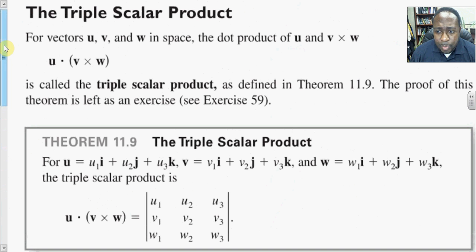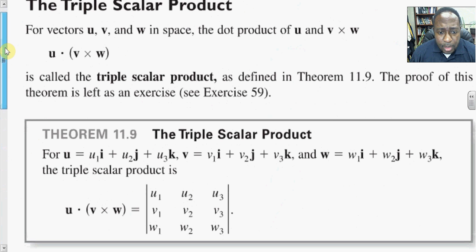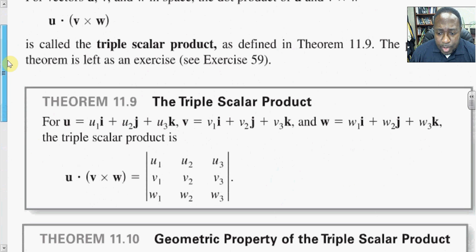And so the dot product of u with the cross product of v and w gives us what we call here the triple scalar product. The triple scalar is actually what it says. It's a number. Notice that the cross product, the result of that will be a vector, but the result of the triple scalar product is a number or a scalar.